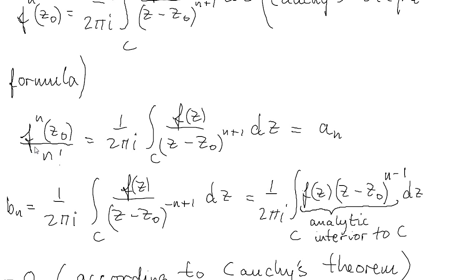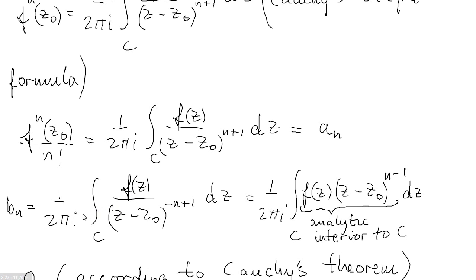So the only thing we need to show is that the bn coefficients are 0 when the function f is analytic inside the larger circle.